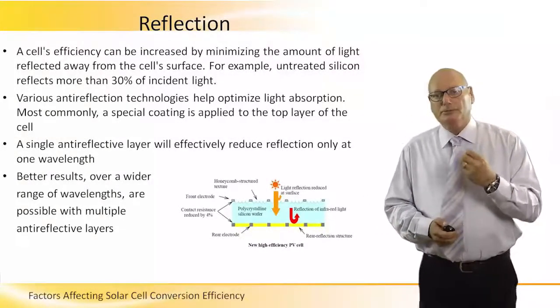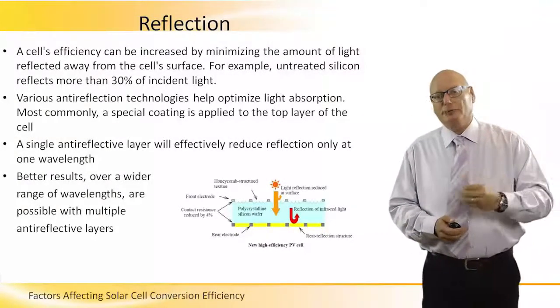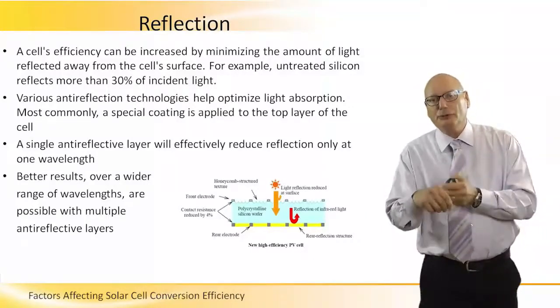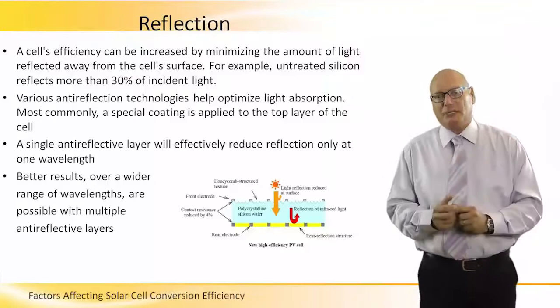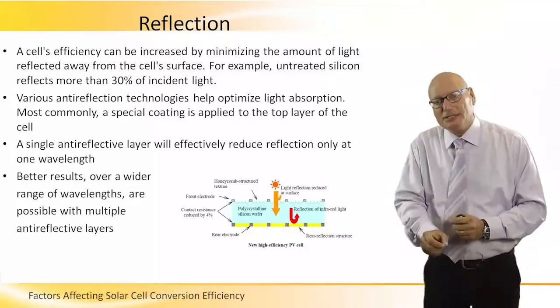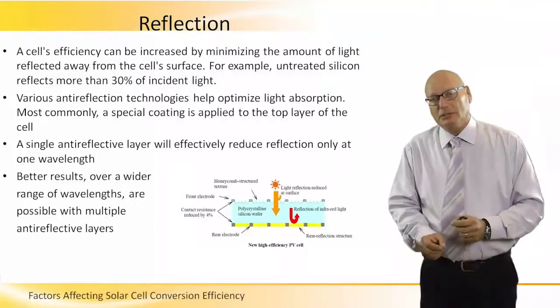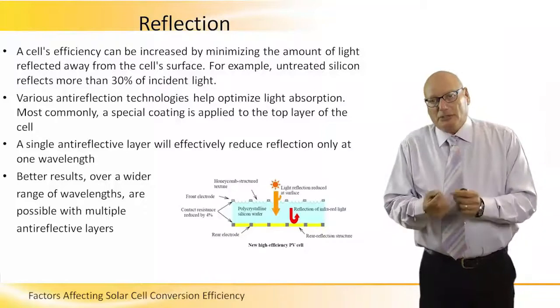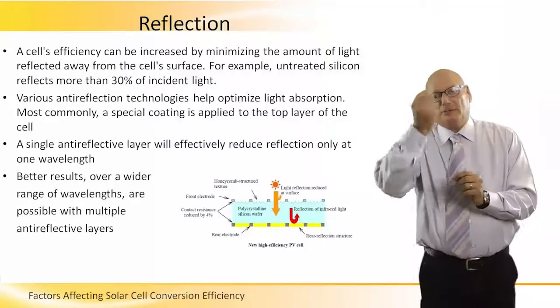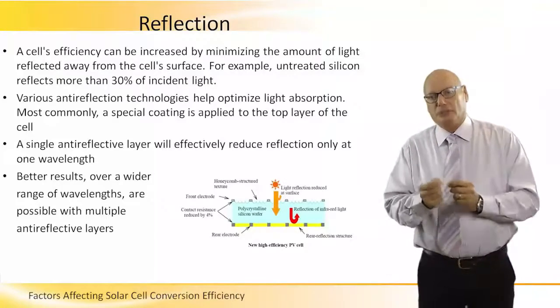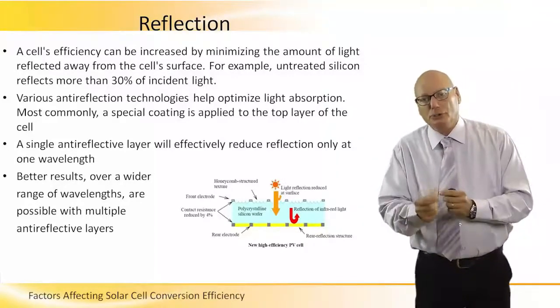Another parameter associated with loss of energy is reflection. It's an internal reflection within the cell itself. It's light beam that gets into the cell and is being reflected back out. The photons that are being reflected back out do not excite electrons, do not produce current.